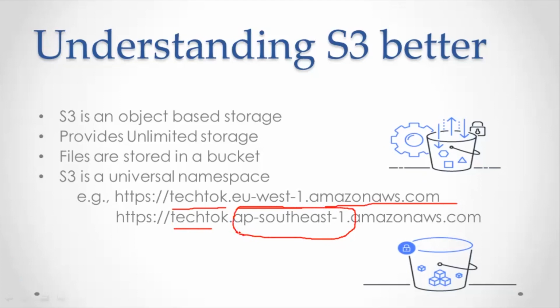Similarly, if we were to launch a bucket in the default AWS region, North Virginia, the bucket name would look like this: the bucket name .amazonaws.com. There is no region name here because this is the default region, and for the default region, the region name doesn't show up in your S3 bucket web address, the URL.